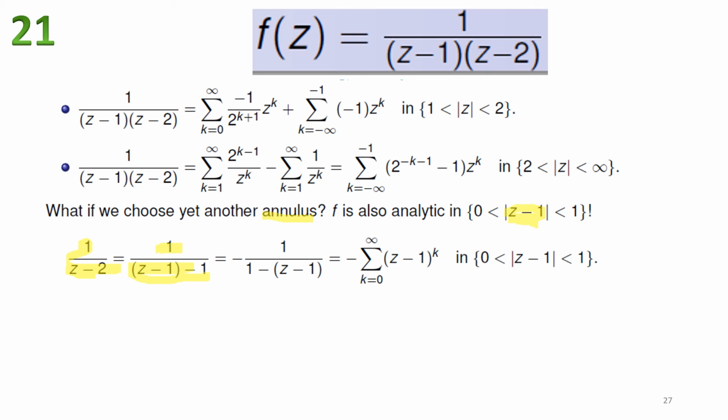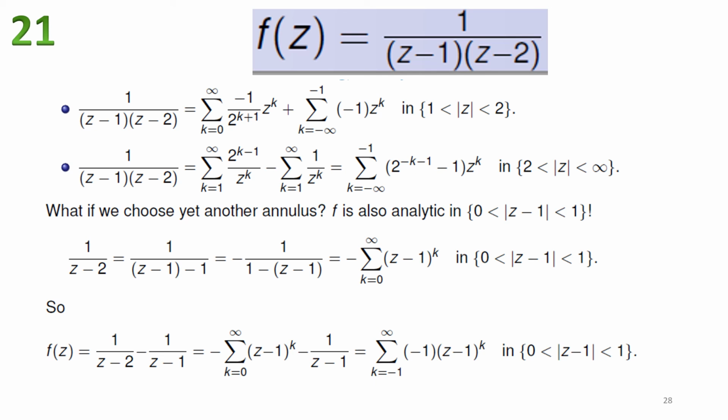So here we are just flipping the sign. We are taking minus 1 common, and we flip the first term to the last and last term to the first. So 1 minus (z minus 1). So this makes a perfect geometric series where minus is taken common and (z minus 1) to the power k, where mod of z minus 1 lies between 0 and 1.